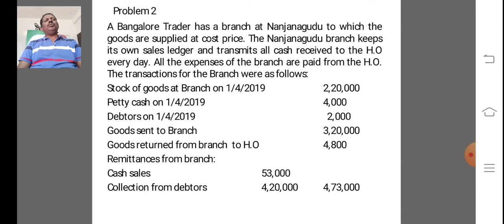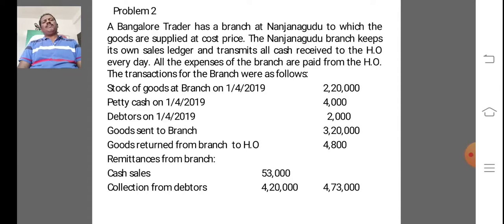The Nanjanagudu branch keeps its own sales ledger and transmits all cash received to the head office every day. All the expenses of the branch are paid from the HO. The transactions for the branch were as follows.